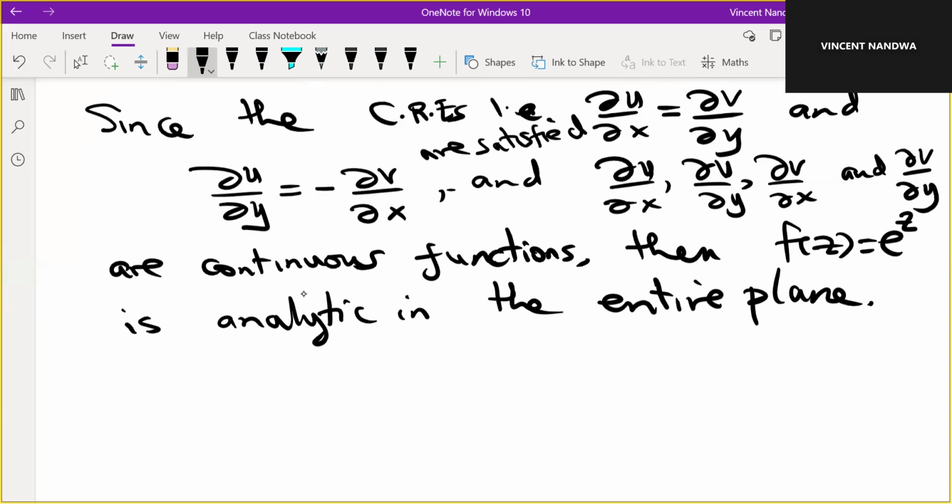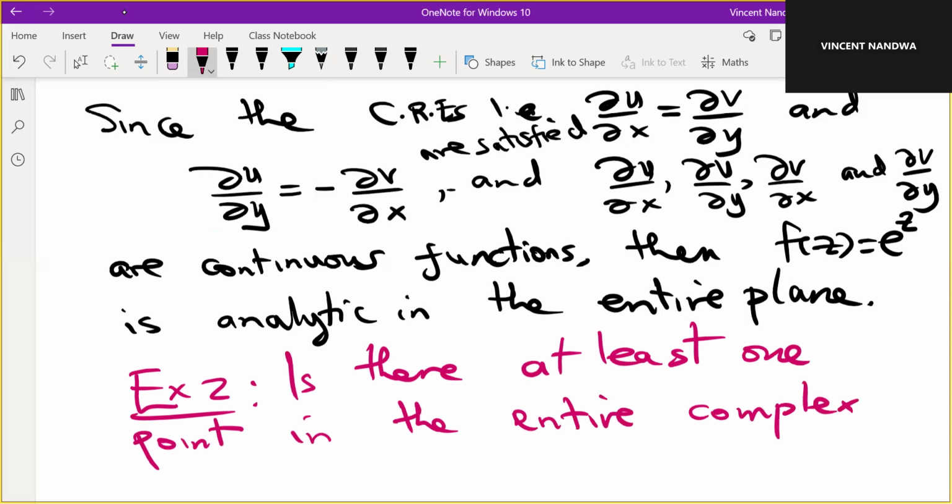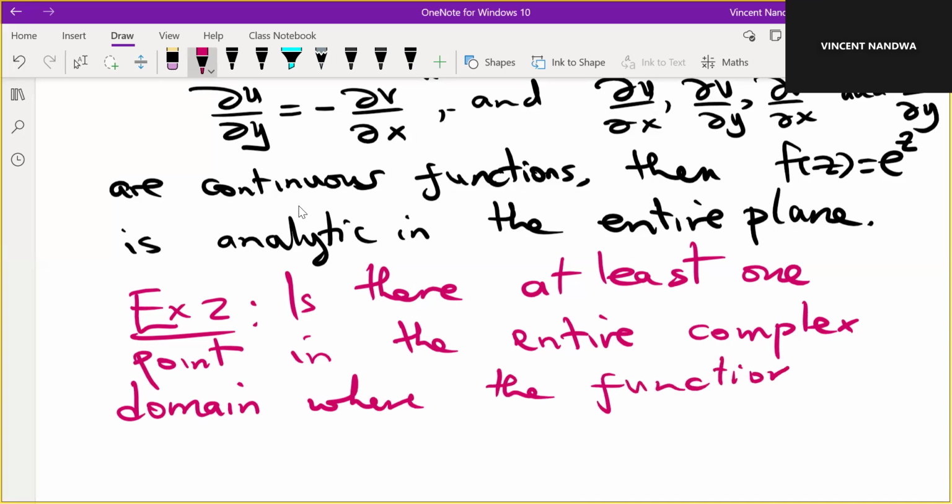Then example 2. Is there at least one point, or is there any point in the whole plane where the function f of z equals z times conjugate of z is analytic?